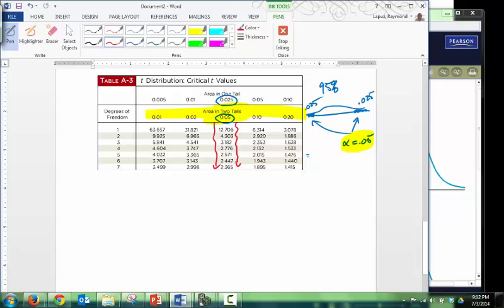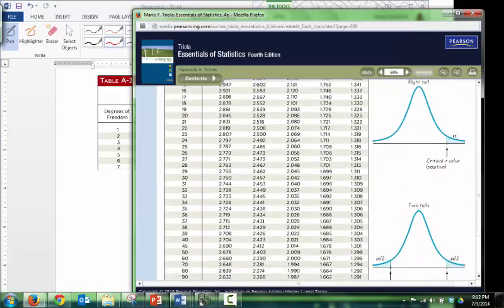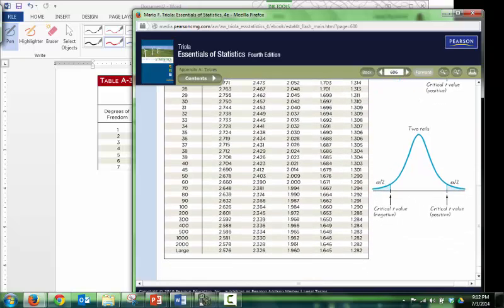The second thing to look at is your degrees of freedom. With the degrees of freedom 105, they don't have 105 here.